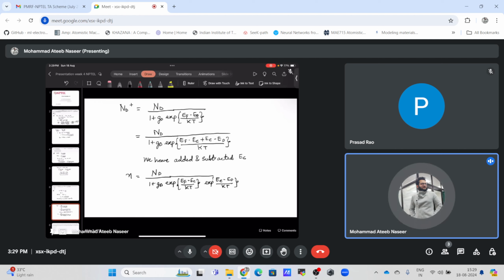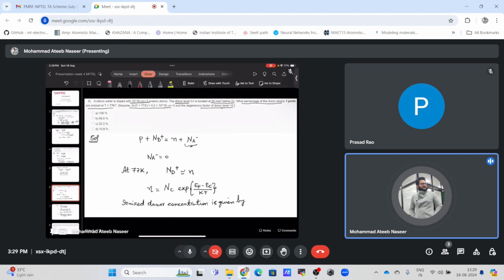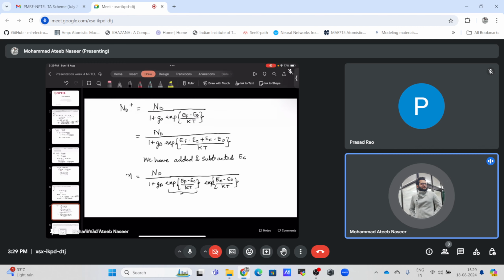What we have done here is we have just split this exponential, so that we get exponential of EF minus EC by KT. This exponential of EF minus EC by KT is simply n by Nc.